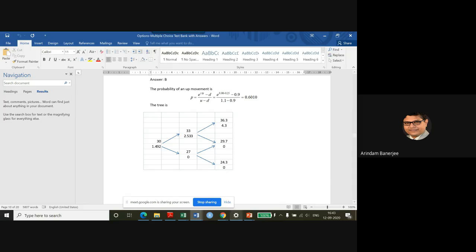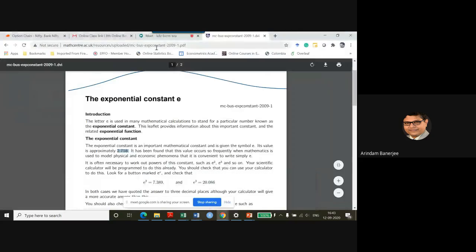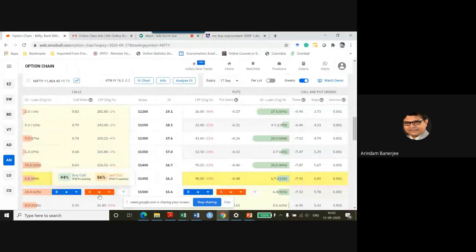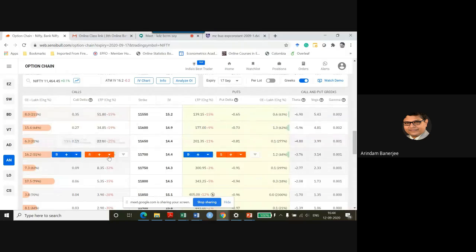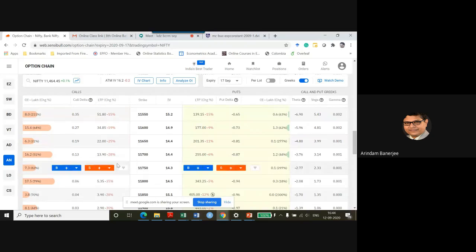So if I look at this option chain, on the date of expiry, all these calls which expire out of the money, here the LTP will be 0. Right? You can check it out.